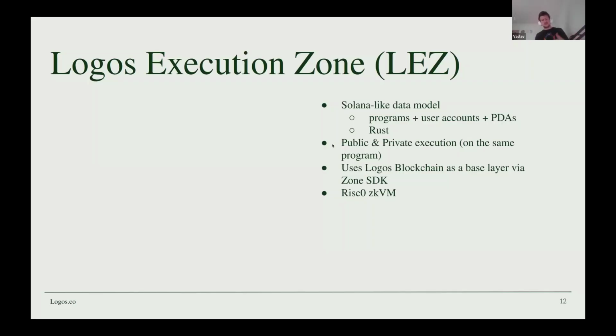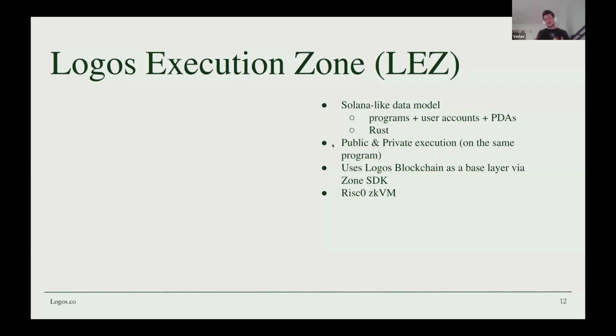And as I said, it uses Logos blockchain as a base layer via Zone SDK. And the programs are written and compiled into RISC-0 ZKVM. If you don't know what ZKVM is, it is a way to compile the code in a way that the execution is verifiable. So anytime it runs, it produces the same proof, basically.